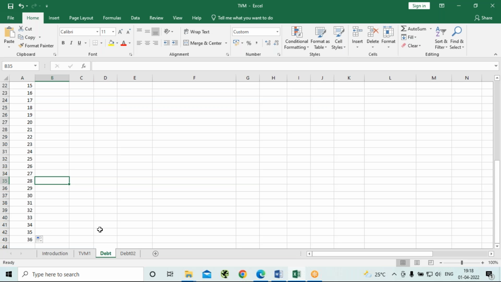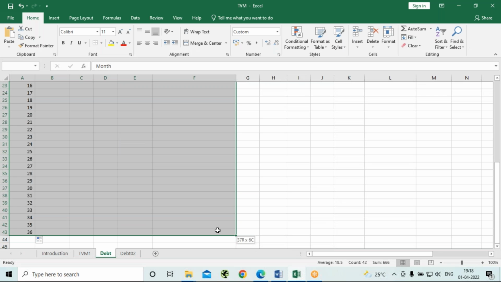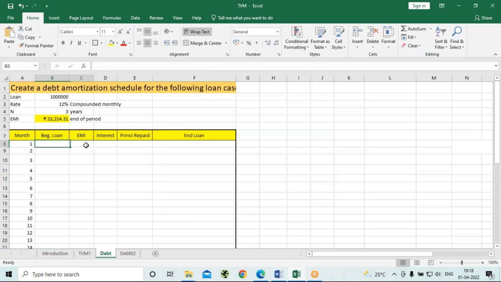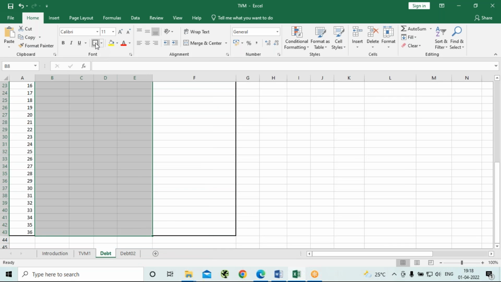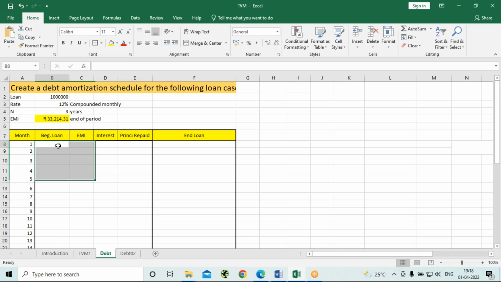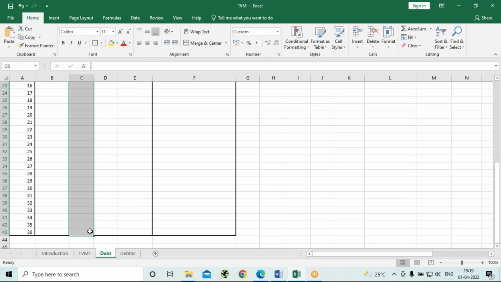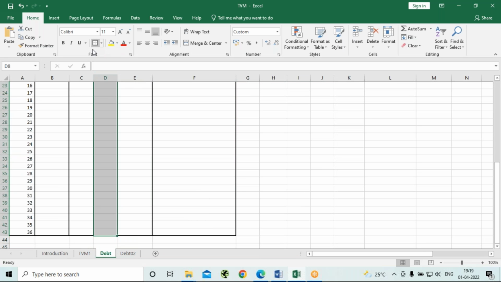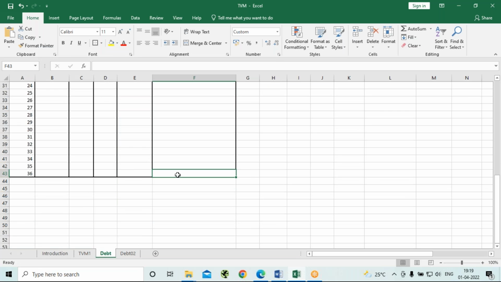Okay. Now when you are going to prepare this table, let me keep everything in borders, so that it will be easy for us to know that the last cell value is going to be 0.